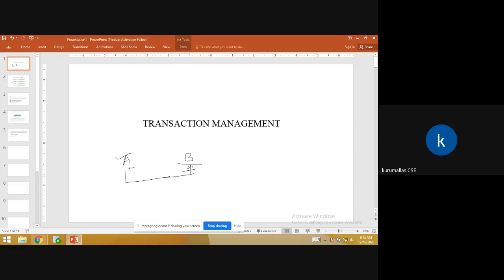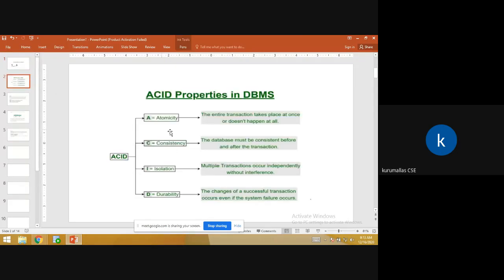The DBMS avoids these problems by ensuring transactions on the database hold some properties. The properties are atomicity, consistency, isolation, and durability.